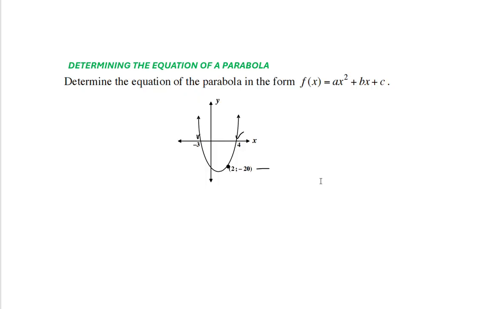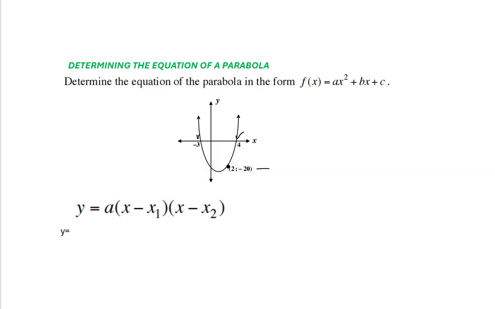The x-intercepts formula for defining the equation is y is equal to a, open bracket, x minus x1, close bracket, open bracket, x minus x2, close bracket. Let's use this equation to find the equation of this graph. You use it when you are given the x-intercepts and also a point on the graph.